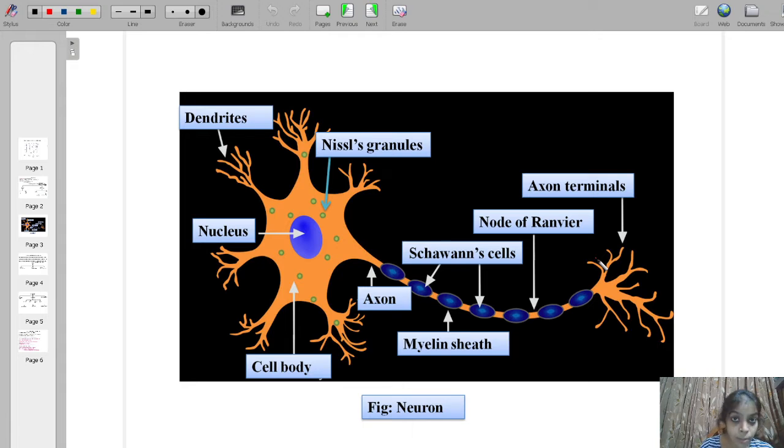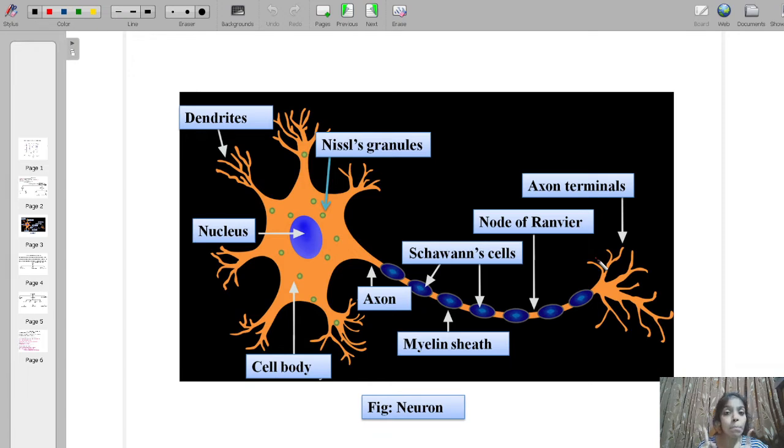Synaptic bulbs, they have certain sac-like structures which are called synaptic vesicles, which store a chemical, and that chemical is called neurotransmitter.